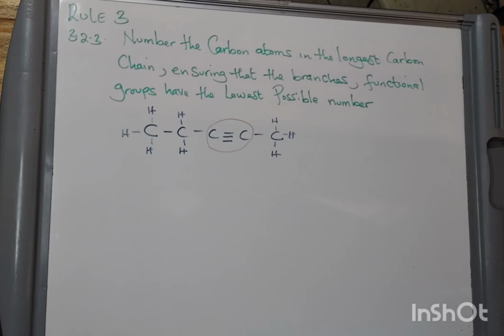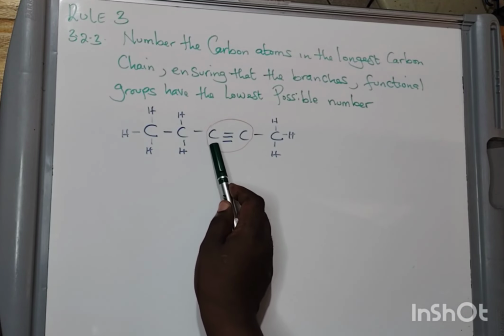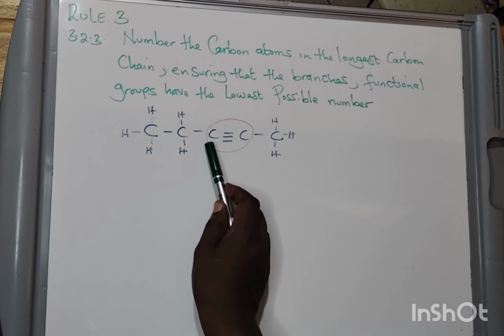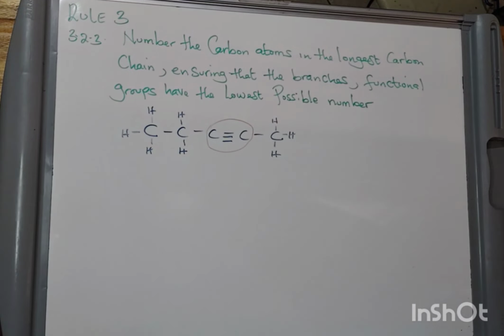Now you need to know that when you number from this side, you're going to say 1, 2, and 3. So our functional group will come at 3. When you number from this side, it's going to be 1, 2. And they are saying you number from the side which gives the functional group or the branch the smallest number.